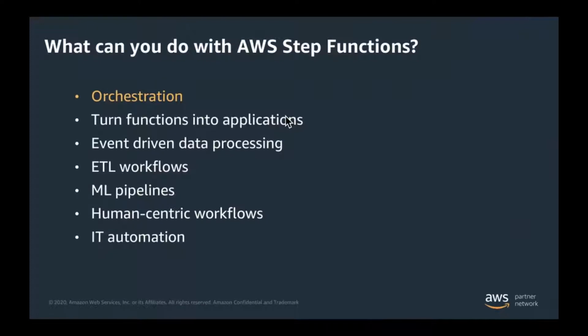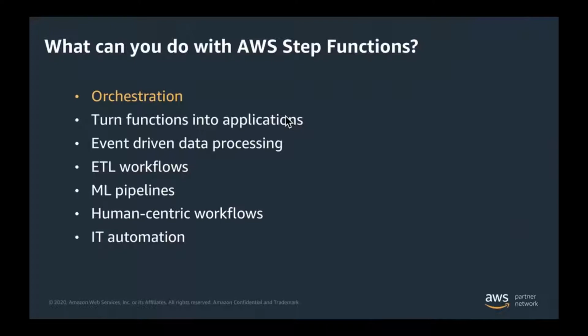So some things that you can do with step functions right off the bat. Orchestration: our most common use case is customers who are looking to use step functions with Lambda. They build an application on top of Lambda, and they use step functions for orchestration. I'll show you an example in a minute.